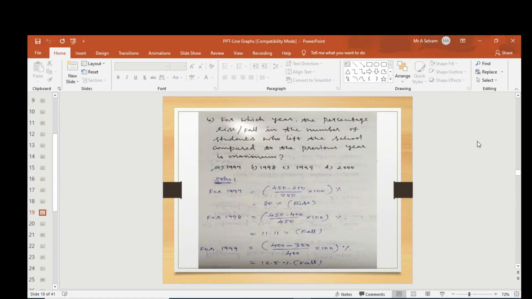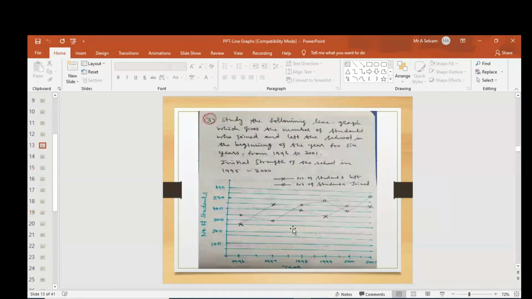Now look at the question, rise or fall. How do we identify rise and fall? Look at the graph. From 1996 to 1997 it is rising. From 1997 to 1998 the line is falling, in decreasing order. 1998 to 1999, descending.